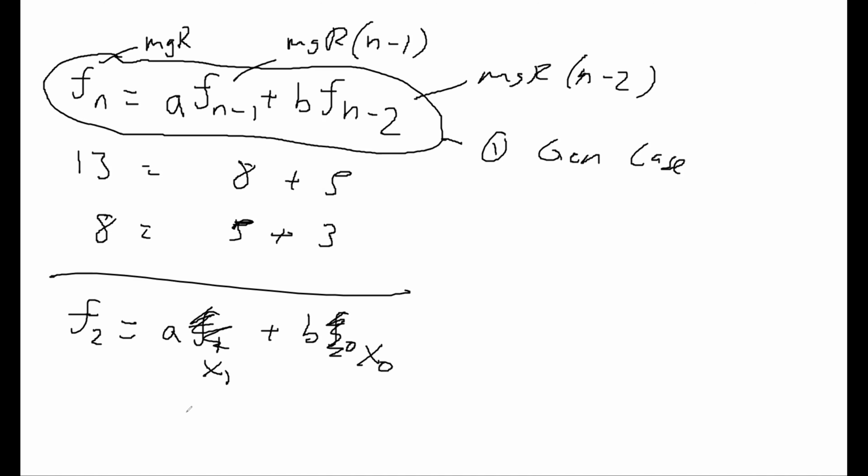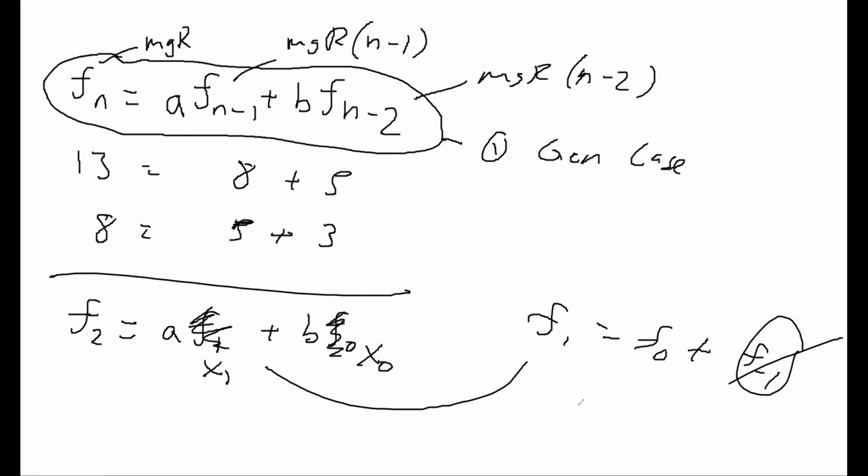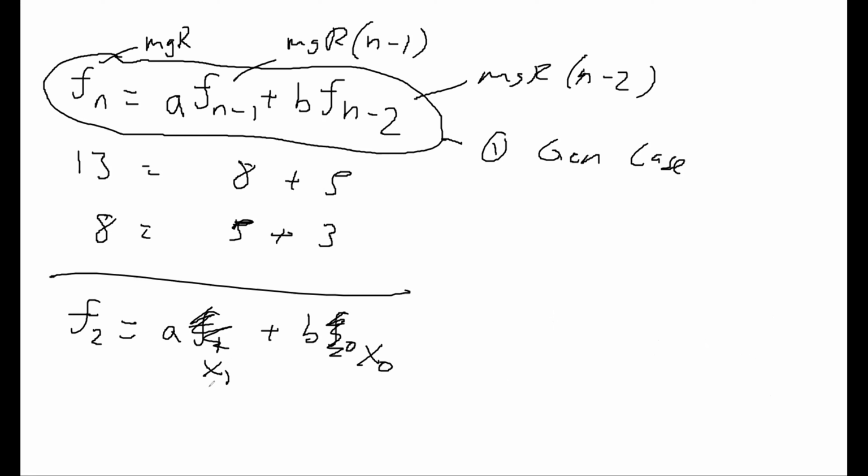We don't want to call recursion in that case, because if we plug in 1 we get f of 0 plus f of negative 1, and this doesn't exist. So we need to code a special case just for this f2, because we're not calling recursion, we're just using these base cases.